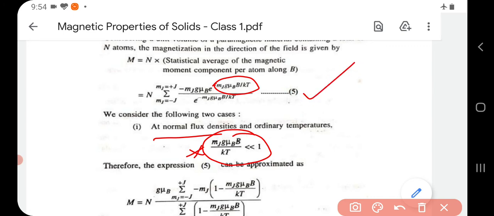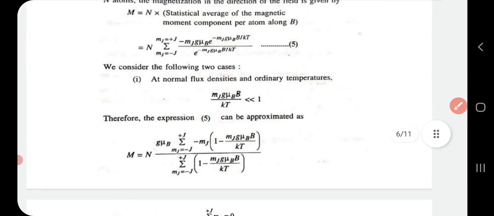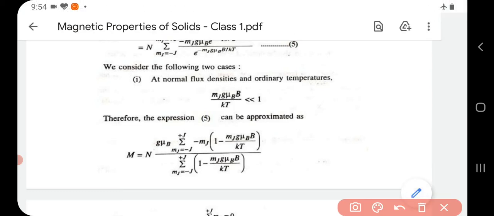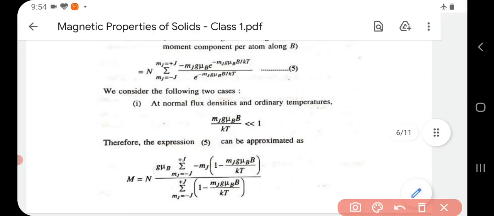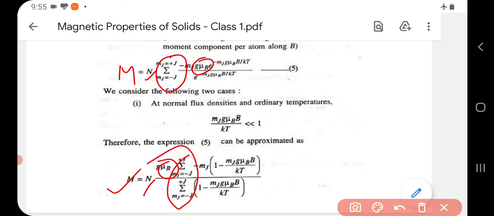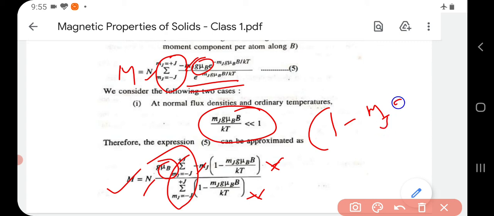Then how will your equation 5 look? Your equation 5 will now reduce to: n is kept as such, M is equal to n, g mu b is taken outside, the summation is kept as such, and minus mj is also kept as such. Now, since the argument of the exponential is very much small compared to 1, that exponential term will reduce to 1 minus mj g mu b B by kT.